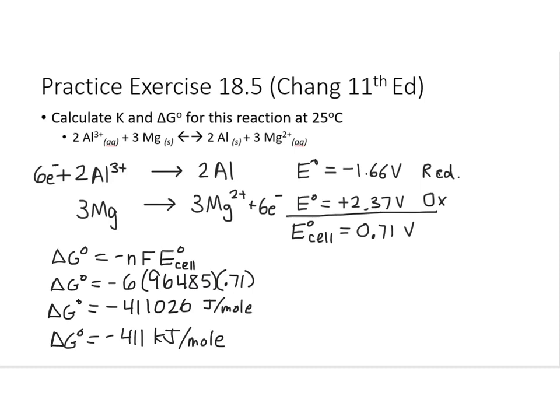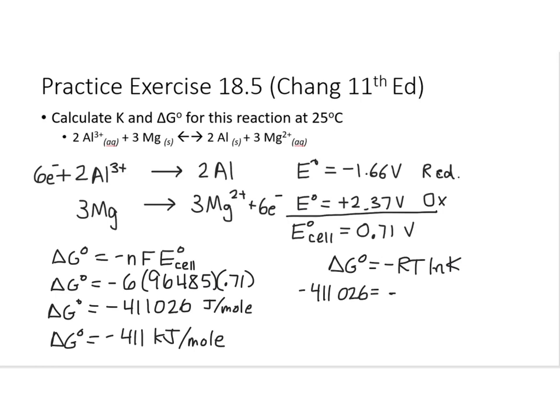We've also been asked to figure out the equilibrium constant. So we have one other relationship that we can apply here. Gibbs free energy is equal to negative RT ln of K. And again, R is in units of joules, so I'm going to use the joules term, the 411,000, when I do this calculation.